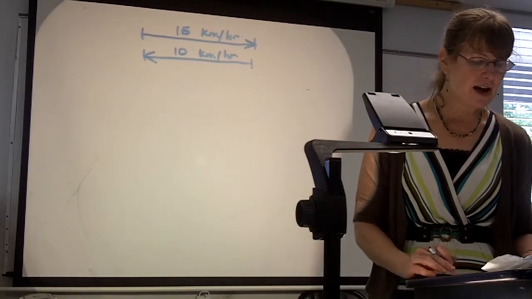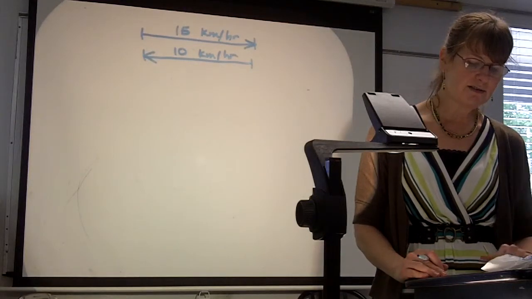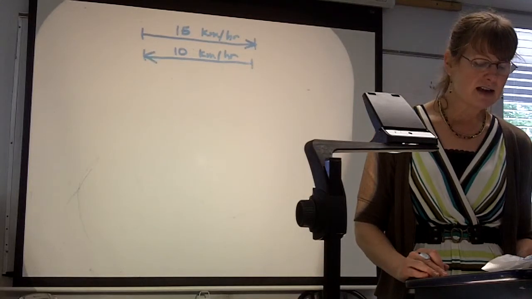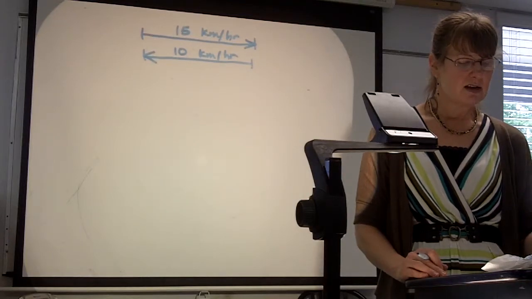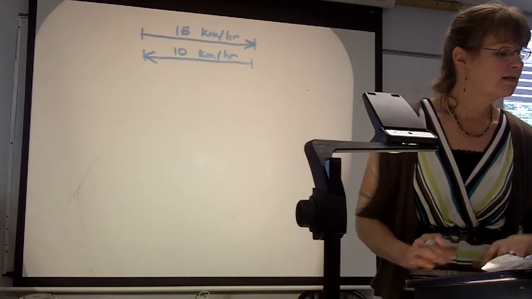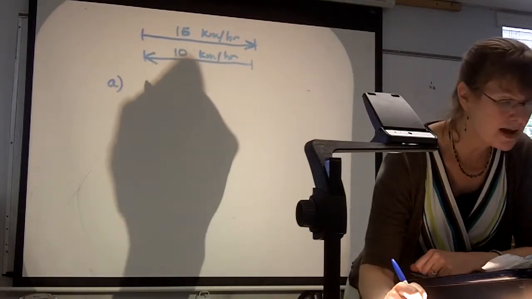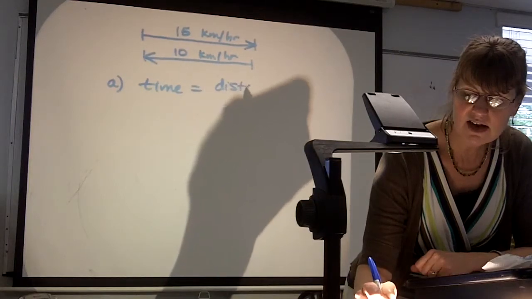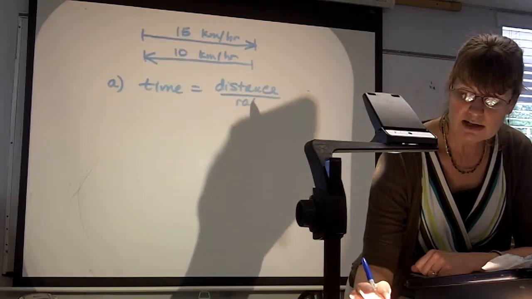All right, and so we're going to find her average speed for the round trip by doing each of the following. For letter A, we're supposed to let x represent the distance one way in kilometers, and represent the time. We're going to use this fact: the time equals the distance divided by the rate.